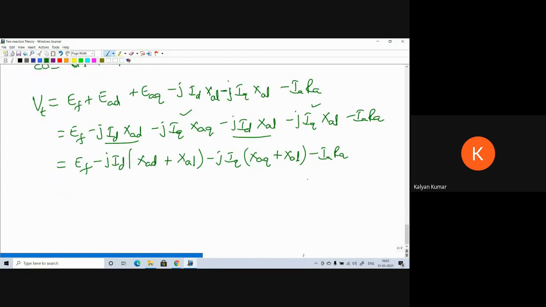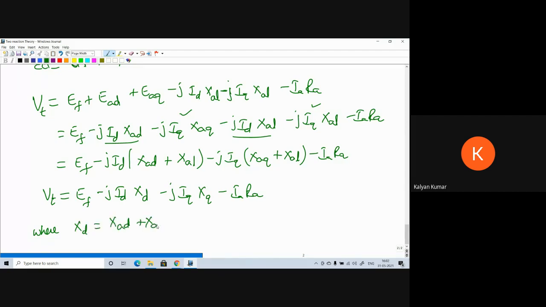Now I can write this equation as minus J ID XD minus J IQ XQ minus IA RA. This is VT. So here XD equal to XAD plus XAL. Similarly, XQ equal to XAQ plus XAL.